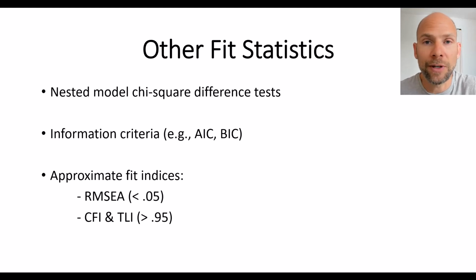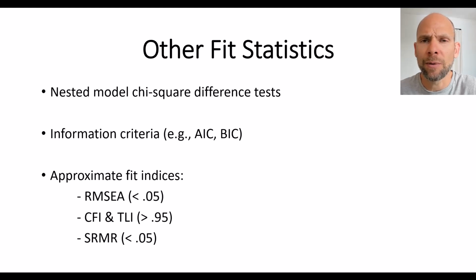And I have a separate video in which I explain in detail how the CFI and TLI work in terms of their underlying mathematics. And then finally, there is an index called the standardized root mean square residual, which is a summary measure of the standardized correlation residuals. And so for that, we like to see a value that is 0.05 or smaller, which would indicate that the average correlation residual is not very sizable.